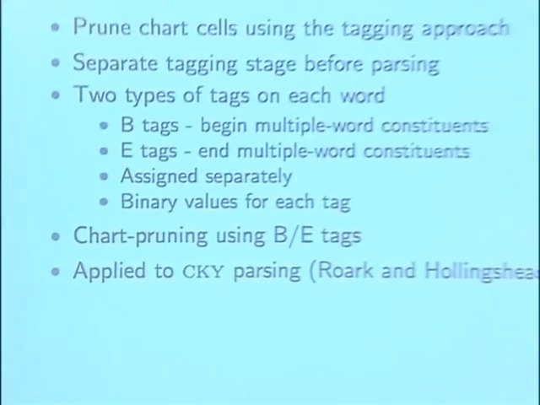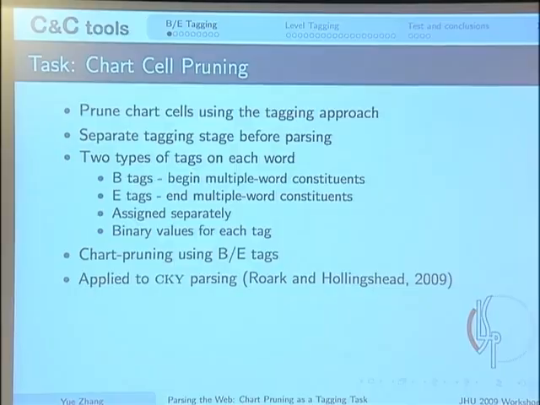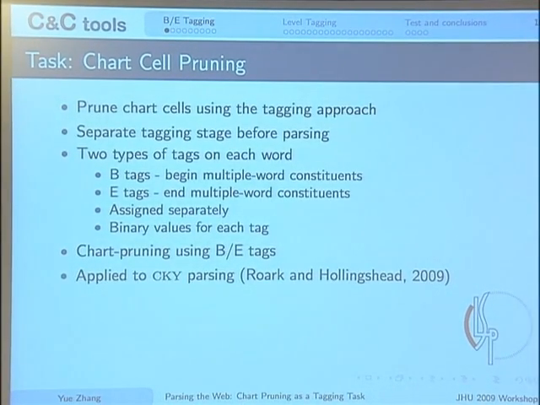So, good morning. I'm Yue Zhang from Oxford. I'm going to talk about child cell pruning. While beam search can be seen as a method to prune low probability constituents from each child cell, I'm going to focus on pruning whole child cells in this talk. In particular, our approach is a tagging approach. The idea is that before parsing, we take a separate step to assign tags to each input word that indicate whether or not it can begin or end a multi-word constituent.